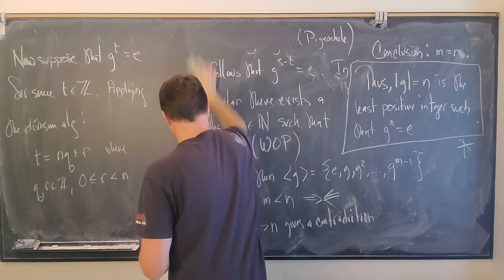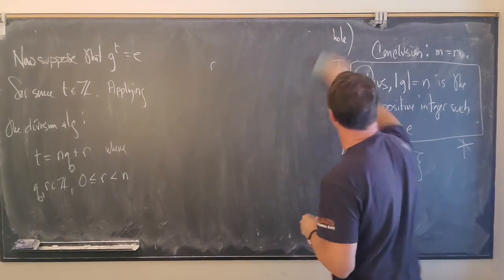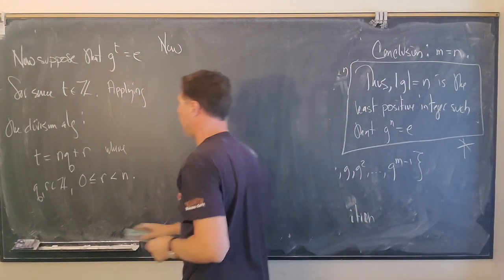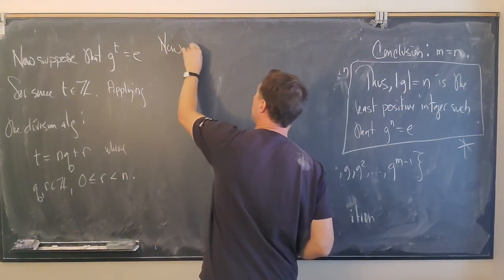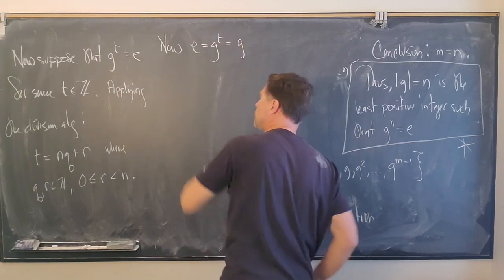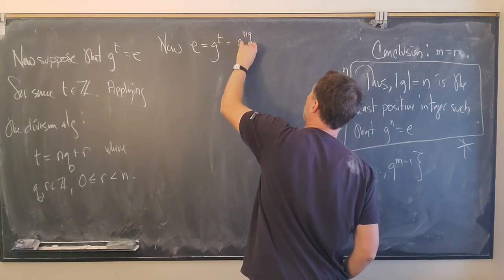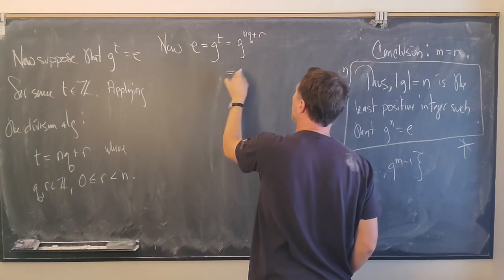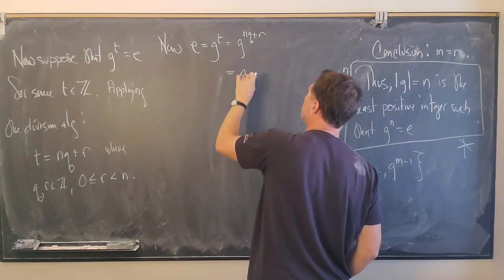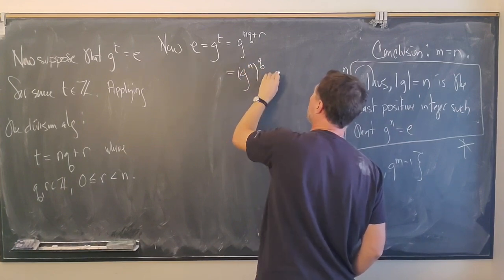All right, so what does that tell us? So now we have the identity is equal to g to the t, which is equal to g to the n q plus r, which is equal to g to the n raised to the q times g to the r.